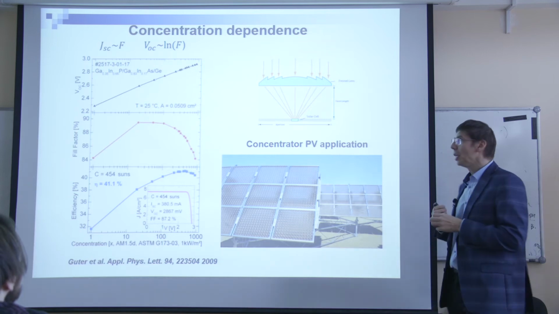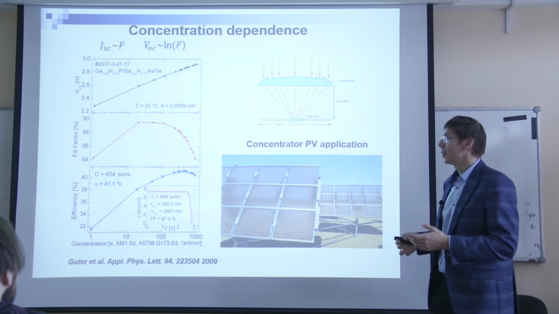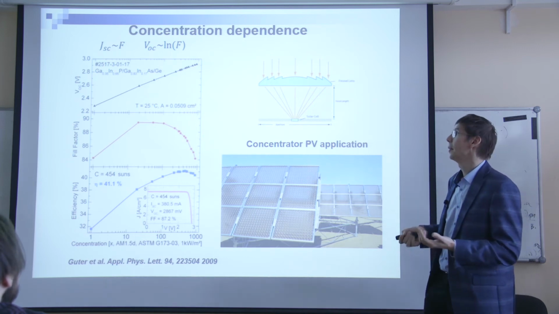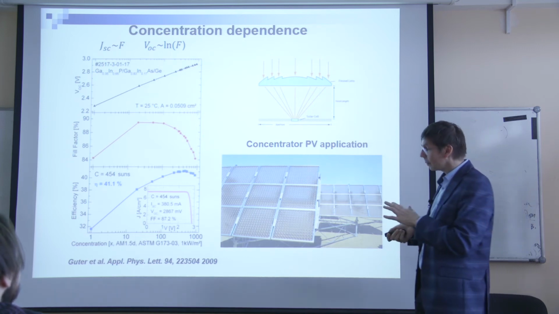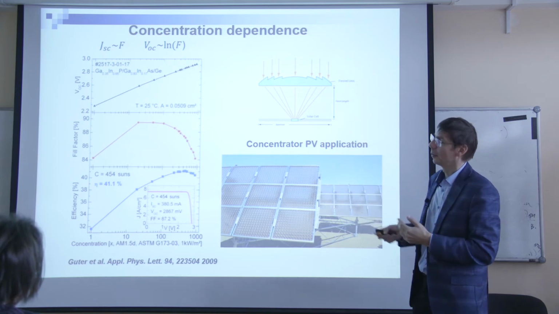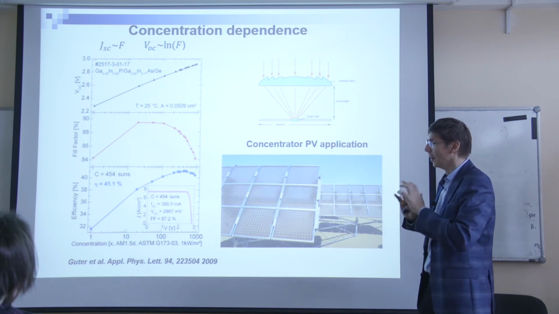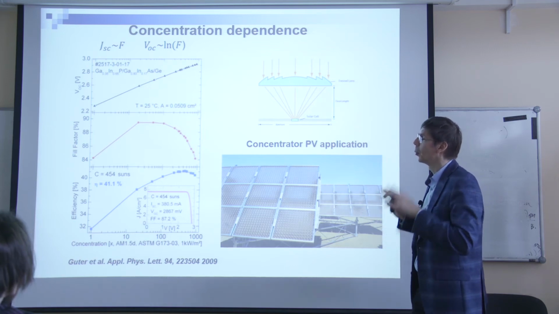But if you have a look at the measurement of the multi-junction concentrator solar cell, you can see normally this dependence. This is an example from one of the publications, but it's quite a conventional way to present the results.